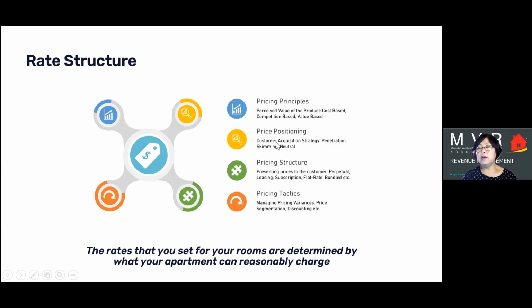Then you do a price positioning. You take out a price structure, which I will show you later, and then you have tactics like packages during low and high season. You got discounting on the lead-in room or room-only basis, you know.